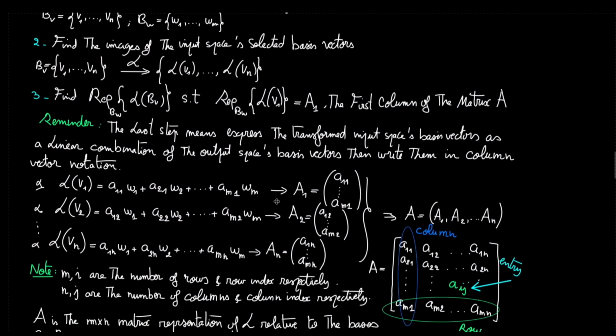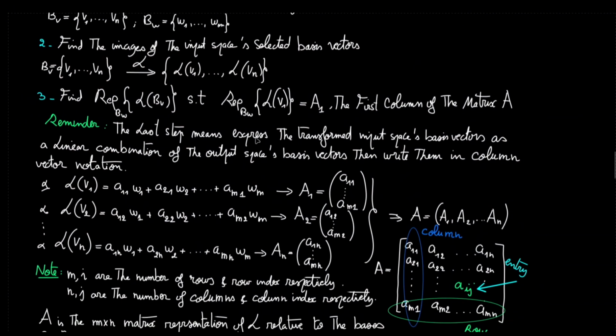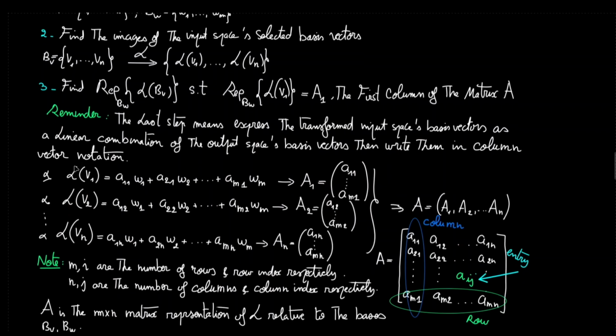So, reminder, the last step means basically express the transformed input space basis vectors as a linear combination of the output space basis vectors, then write them in column vector notation. So take L(V1) and write it as a linear combination. These coefficients you get form your first column.